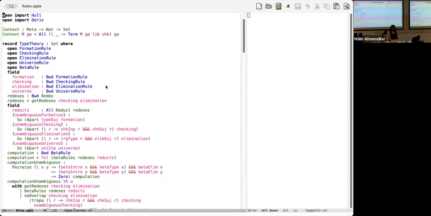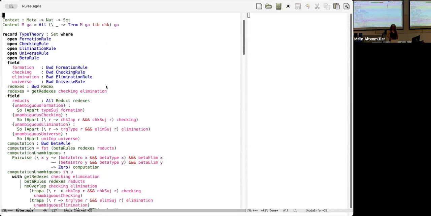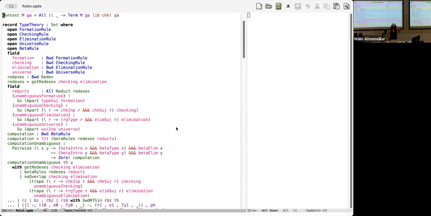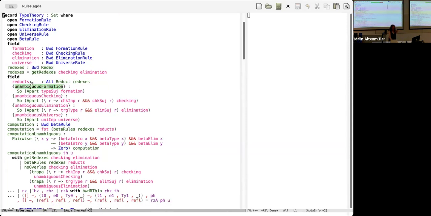This is where I say what a type theory is, and there's a whole bunch of stuff which is actually hilarious, where I'm demanding these collections of rules, and I'm insisting that we figure out what the redexes are and then demanding what the reducts are. So for all redexes, I want a reduct. And then we're doing a whole bunch of computable safety checks.